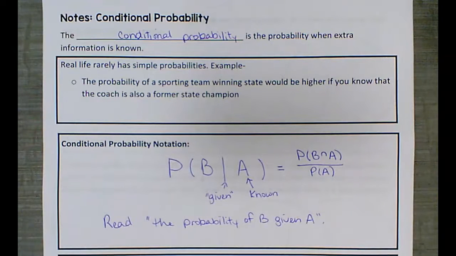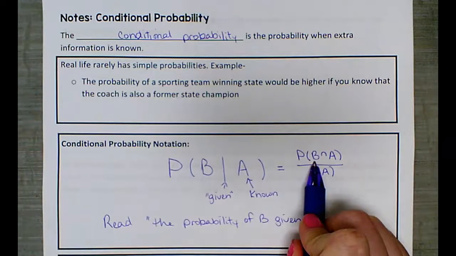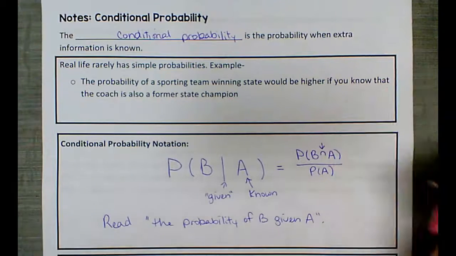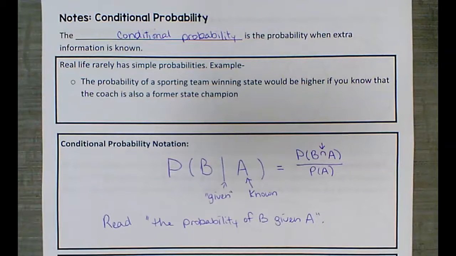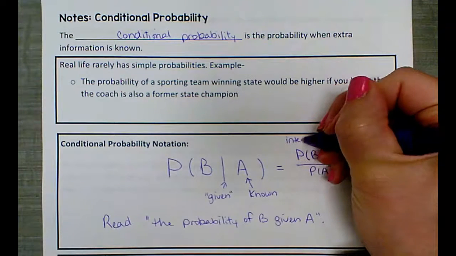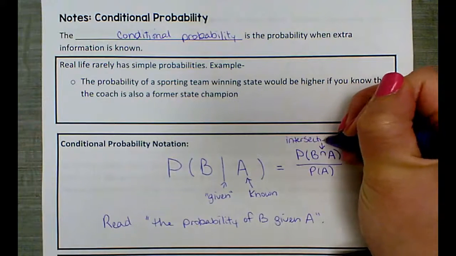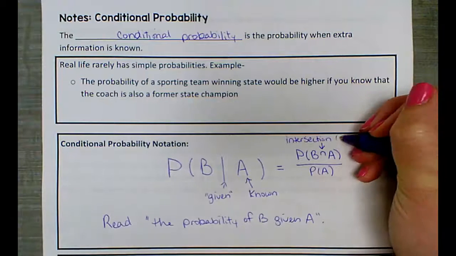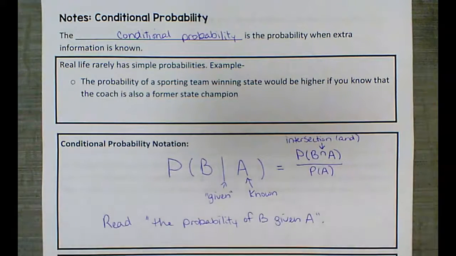This thing right here, this upside down U or upside down horseshoe, whatever you want to call it, means the intersection. The intersection of things happening. So it means one thing happens and the other thing is happening too.